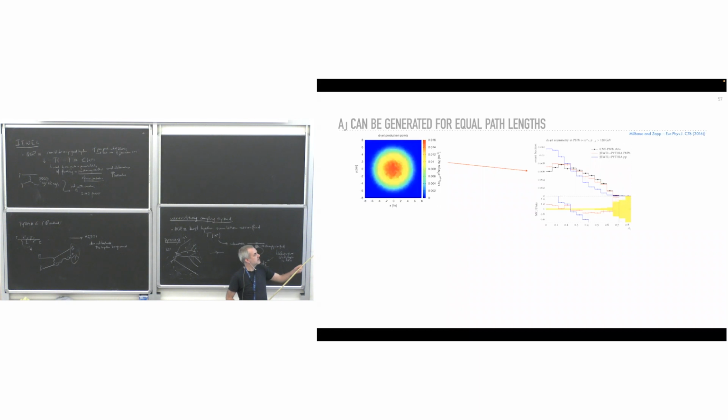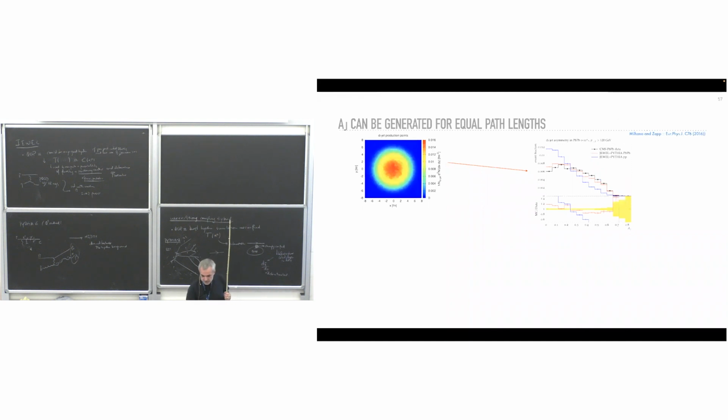Instead of doing this with the right geometry of where the jets originate from, let's create a fantasy sample where all jets were produced right at the center. There I forced the path traveled by the two jets to be exactly the same, no matter what direction they go. It's always the same. It's the radius, some equivalent radius.